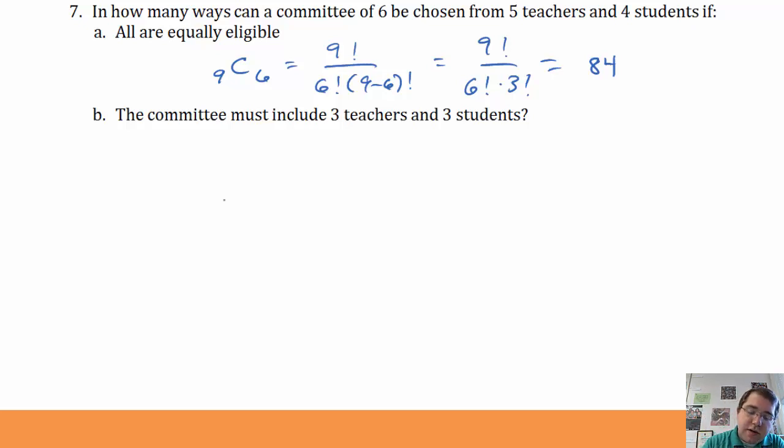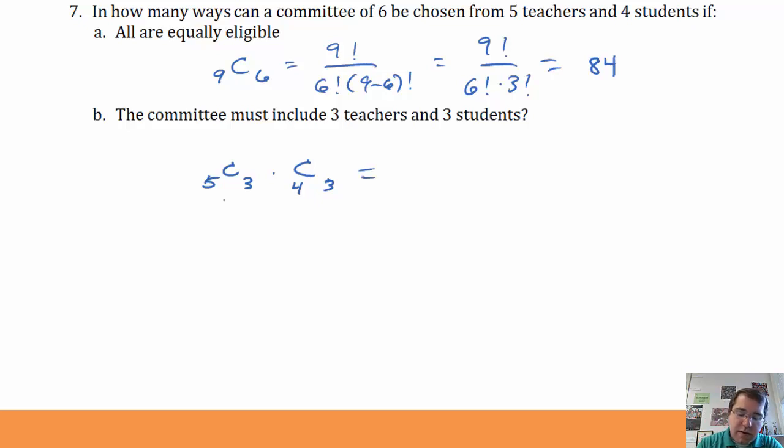Well, for those teachers, I've got 5 teachers total, and I'm going to form the number of combinations of 3 of them at a time. For those students, I've got 4 total, and I'm going to take the number of combinations of 3 of them at a time. If I just multiply those, that will give me the total number of combinations. It's just applying the counting principle from the other day.